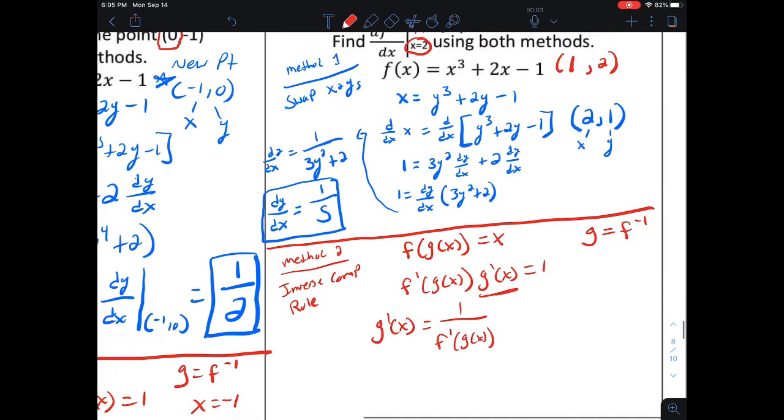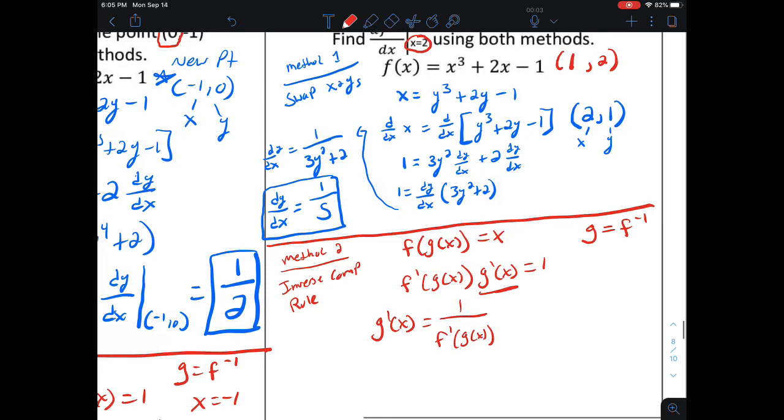Well, we wanted to put in 2 into our problem here. So I'm going to replace everything in my problem with 2's. So g prime of 2, which is really the inverse of f's derivative, is 1 over f prime of g of 2. Well, since g is the inverse, g of 2 maps me back to a value of 1.